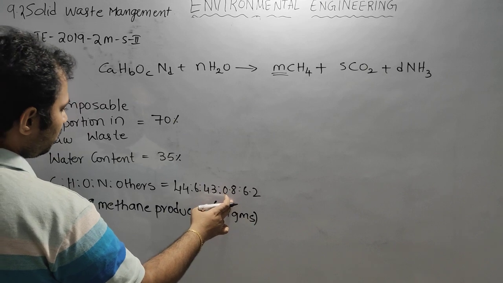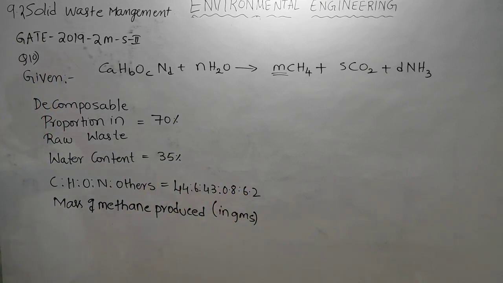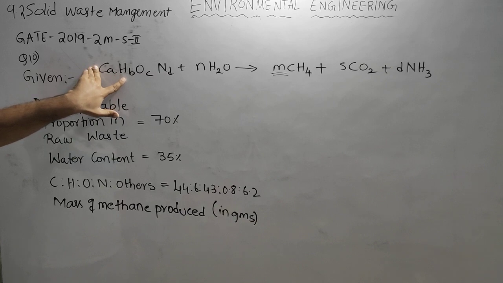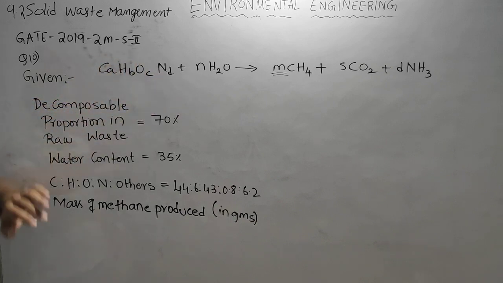And this is the proportion of N, and this is the proportion of others. Okay, so if you are taking 1 mole of it, that means 100%, a unit of this compound, then a will be how much? 44, b will be 6, c will be 43 and d will be 0.8, like that.